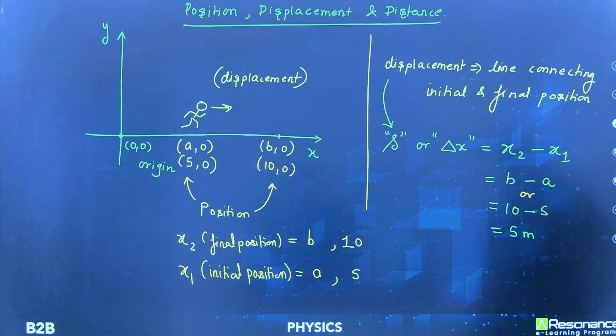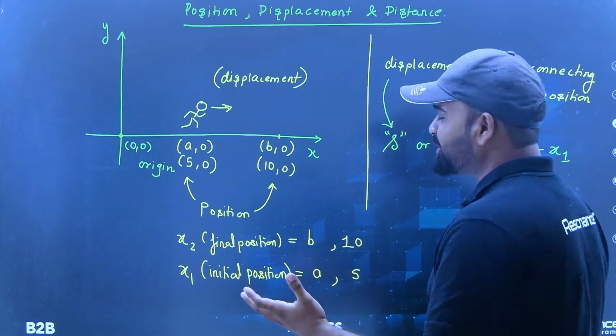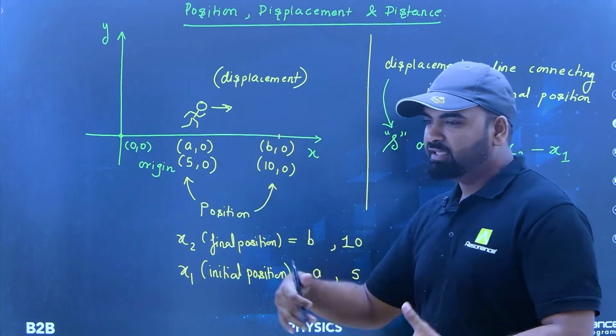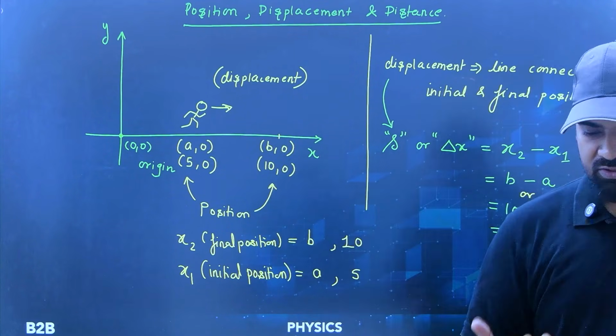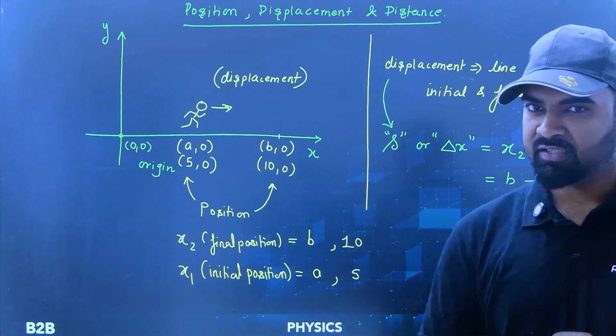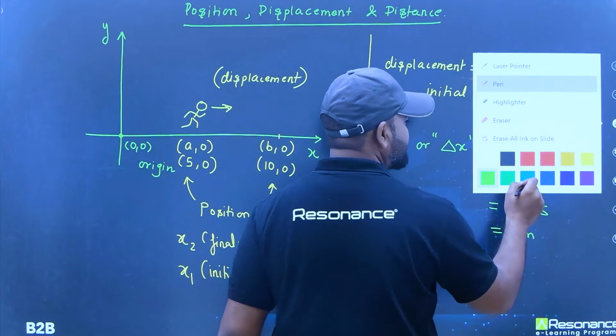Okay, someone says position should include both coordinates. Somebody asked a very good question, and I really appreciate good questions. So listen, I am taking only one coordinate, which is the x here. But if the question has, let's say, x comma y, then the formula will not be x2 minus x1. I'm going to mention this as a special case because somebody asked.